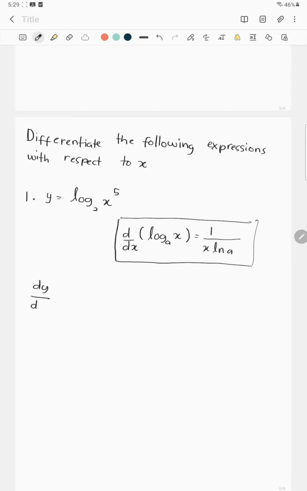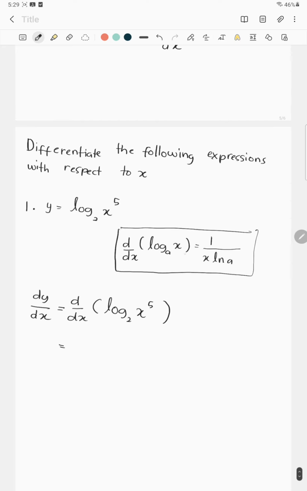So dy over dx equals to, we must differentiate the whole equation, log 2 x power of 5. Based on this equation, it will be in the rational function.